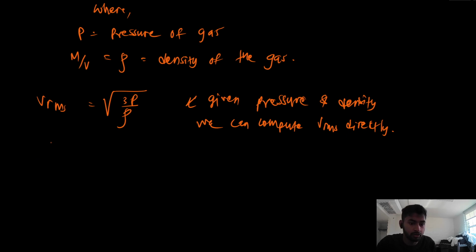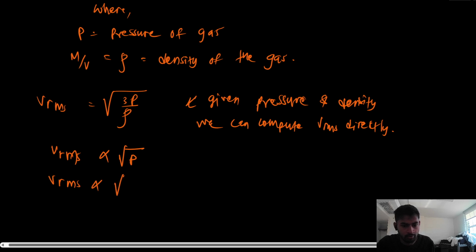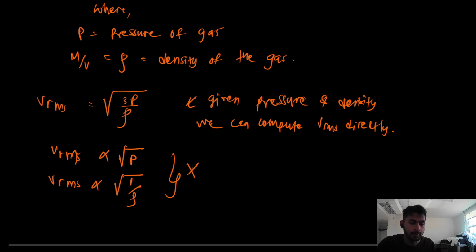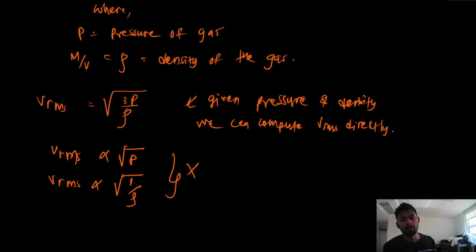However, we can't use the fact that Vrms is directly proportional to the square root of P, or Vrms is directly proportional to 1 by the square root of P. We can't use this assumption, because whenever we increase pressure, density is itself going to change and increase as well.